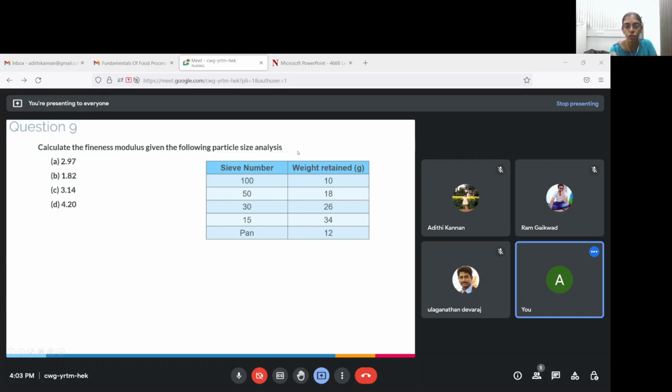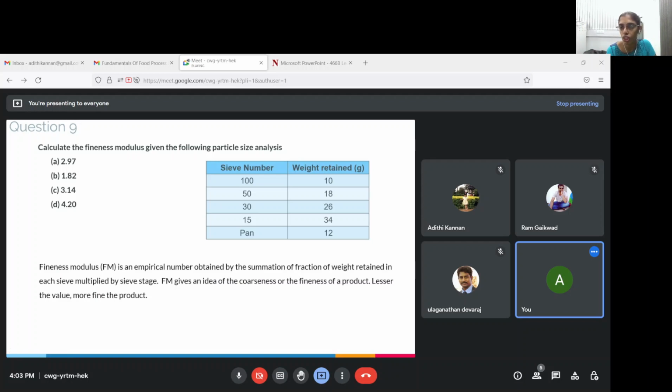When you have a food product with different size particles, you need to figure out how fine the particle is. Fineness modulus will help you calculate how finely the particle is being reduced. The fineness modulus is an empirical number obtained by the summation of fraction of weight retained in each sieve multiplied by the sieve stage.